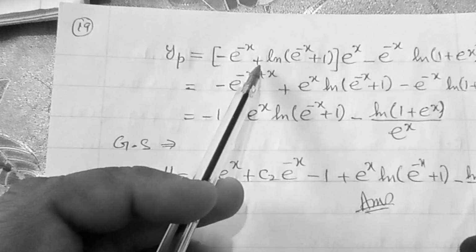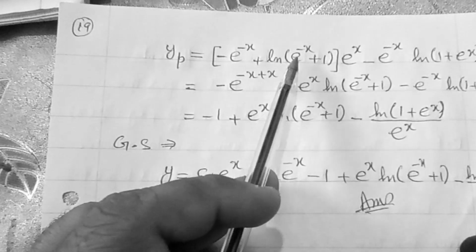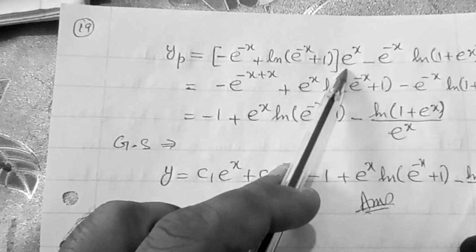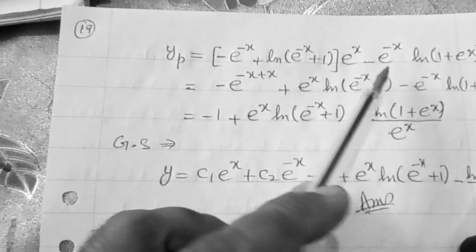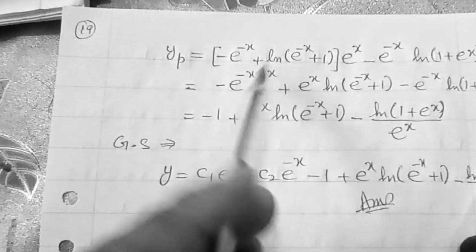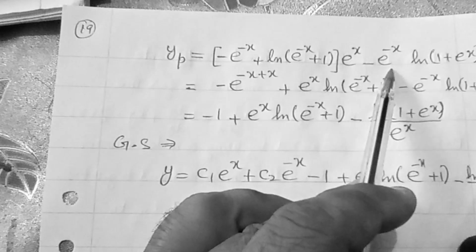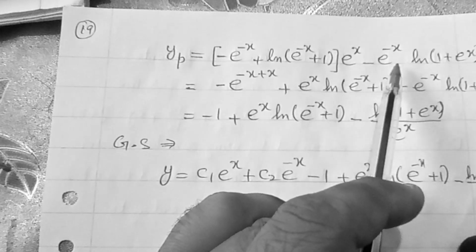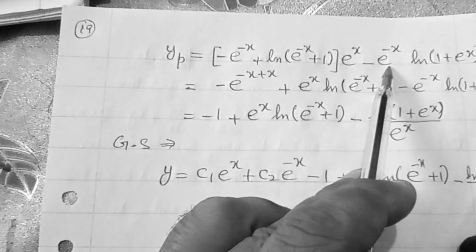Minus exponential minus x plus ln e to the minus x plus 1 into, that is, u y1 minus v y2.